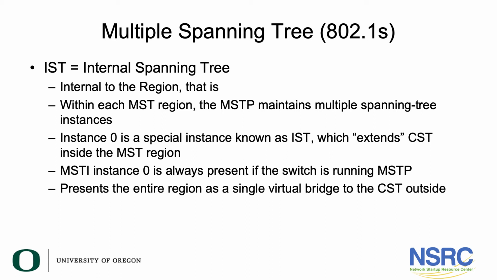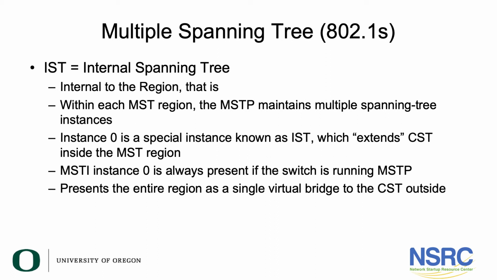Now, internal to each region, you have what is called the internal spanning tree, and within each MST region you might have multiple spanning tree instances. Instance 0 is the special instance known as the internal spanning tree, and it extends the common spanning tree into this particular region.